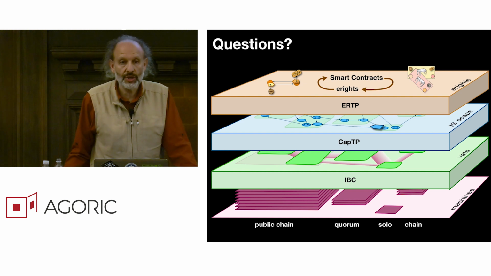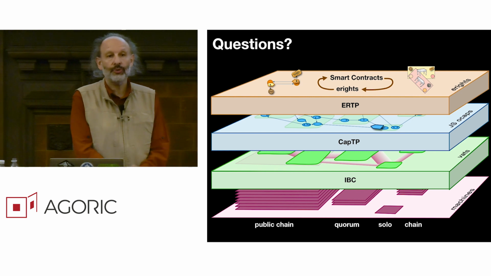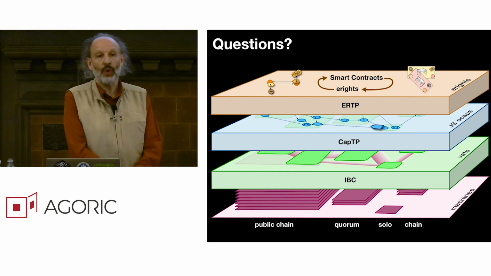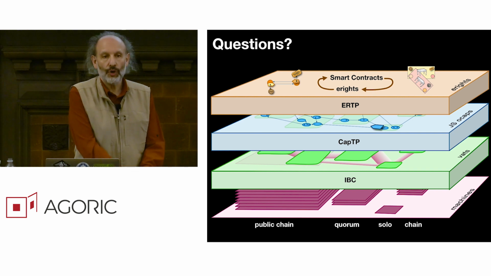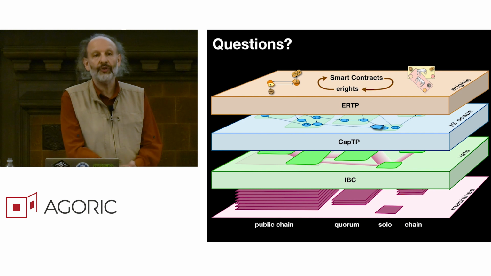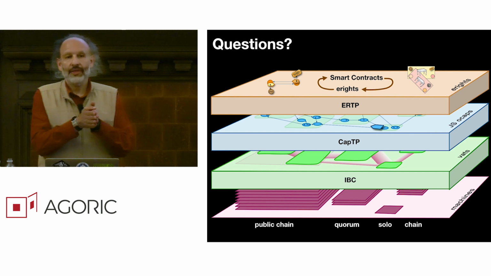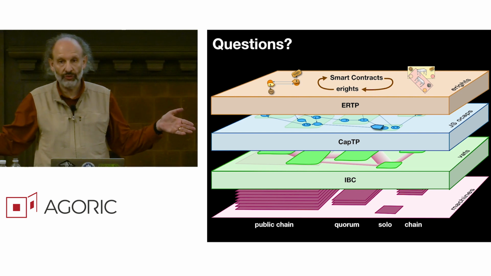The reason there are so many chains is there's a lot of different hypotheses people are pursuing about what the right way to build a chain is. And it's not that one of those will be the winner, that one of those has the right hypothesis and the others are wrong. There are many different trade-offs. These chains are addressing different points in the trade-off space that will continue to coexist. And we want a fabric that spans over that coexistence.